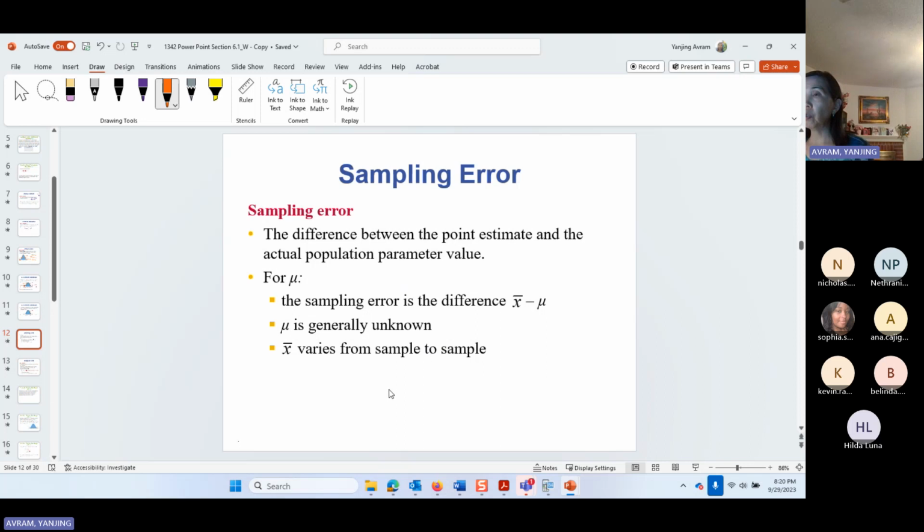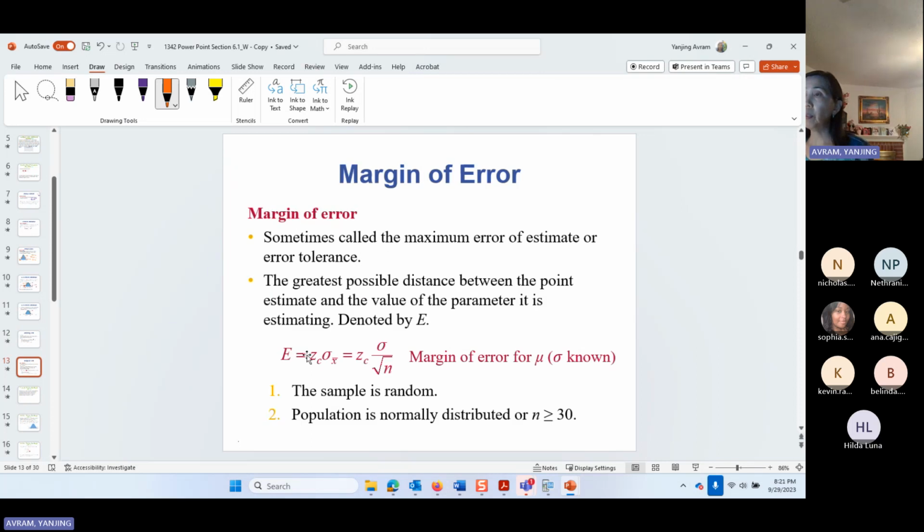The next thing is how do we find the sampling error? There is a formula called the margin of error. Sometimes we call this the maximum error of the estimate or error tolerance, but most of the time we just call it the margin of error.